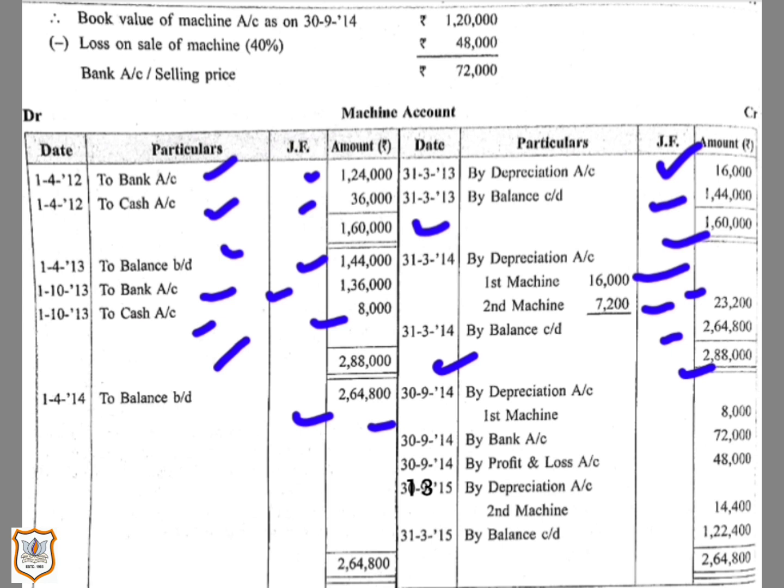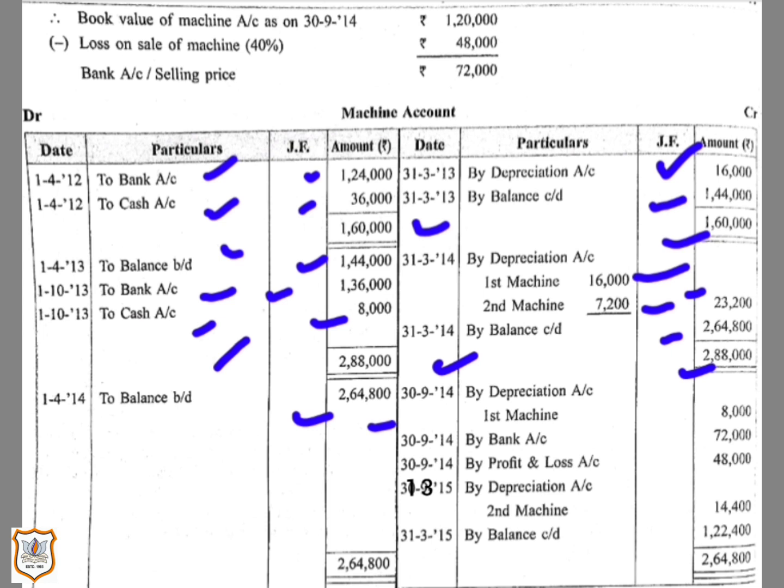So here the third year begins from 1st April 2014. Here we will write to balance brought down 2,64,800. Now again at the end we will provide depreciation.